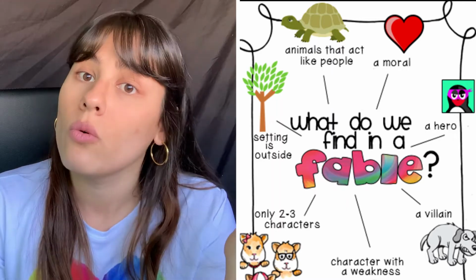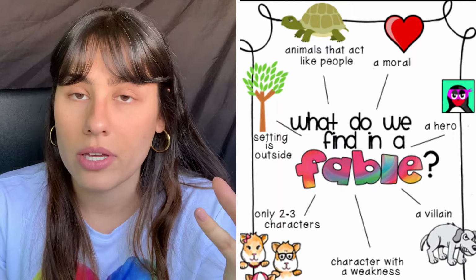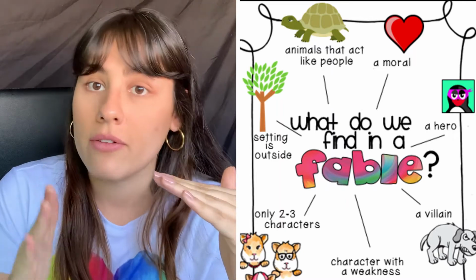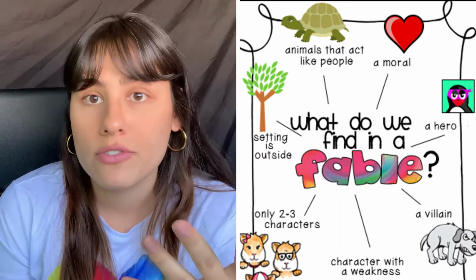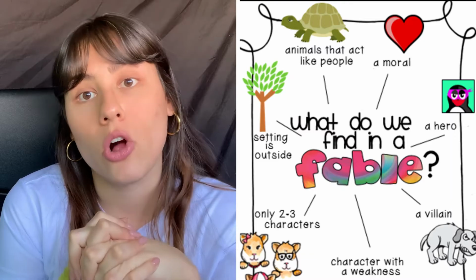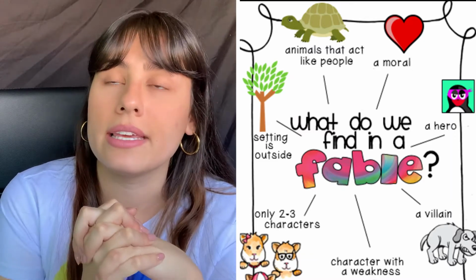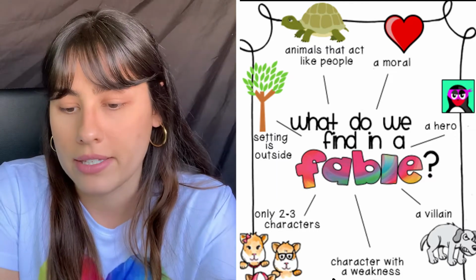Okay? So one of the characters has a weakness in the fable, and during the fable, what happens? He solves the problem that he has, okay? He solves his weakness and he becomes stronger, okay? What else can we find?